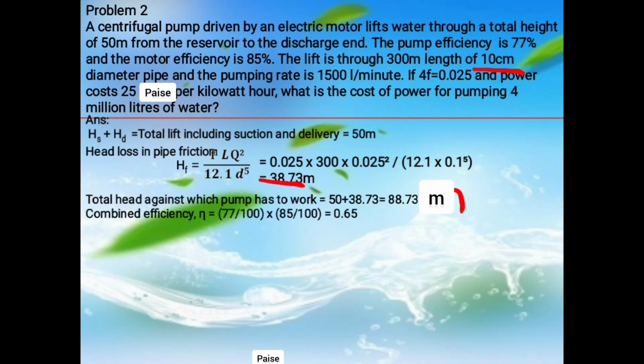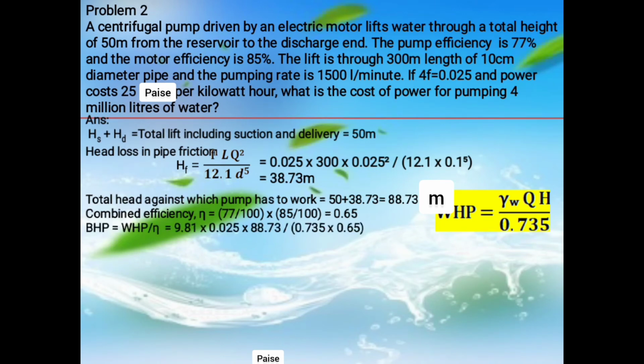Then combined efficiency eta equal to eta m into eta p, that is 77 by 100 into 85 by 100, that equal to 0.65. Then water horsepower equal to same equation, gamma W into Q into H by 0.735.